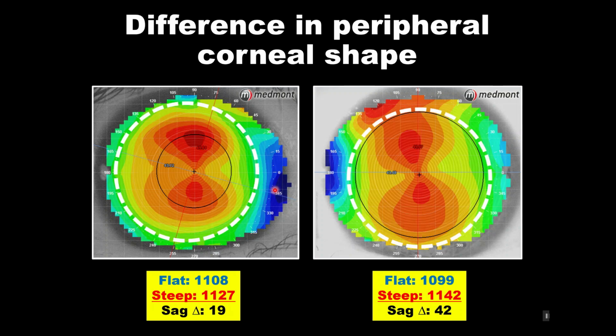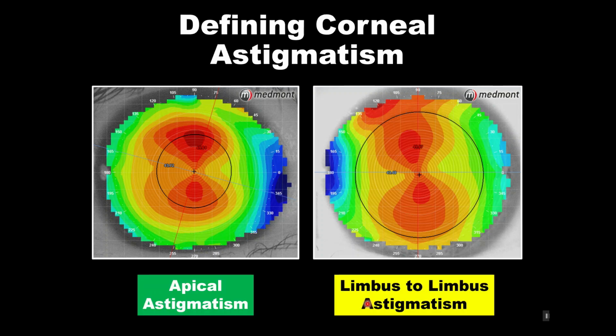So understanding the peripheral shape of the eye helps you understand when you would use a symmetric ortho-K, when you would want a toric ortho-K lens. Apical astigmatism generally performs very well in orthokeratology, and that's because we can create an appropriate alignment with the peripheral cornea, but also it's easier to sphericalize the central cornea and push out more of the astigmatism.